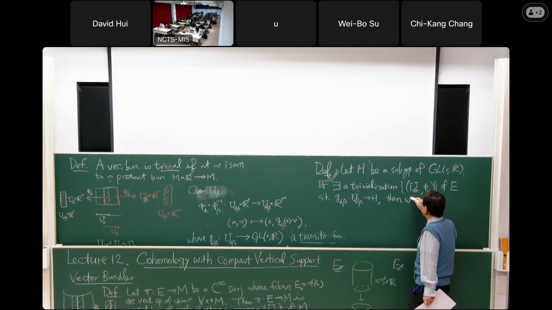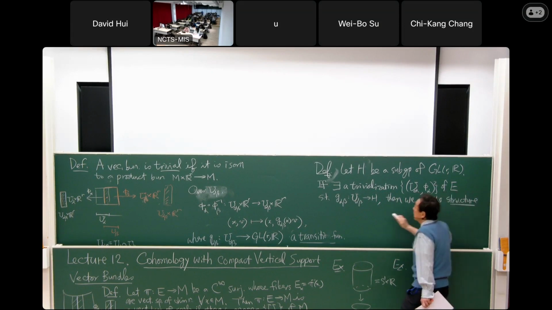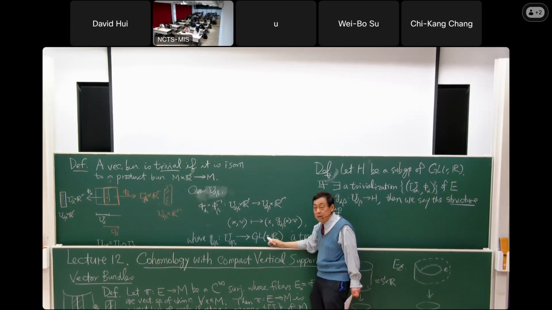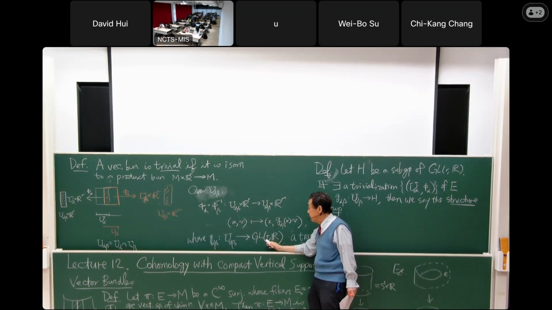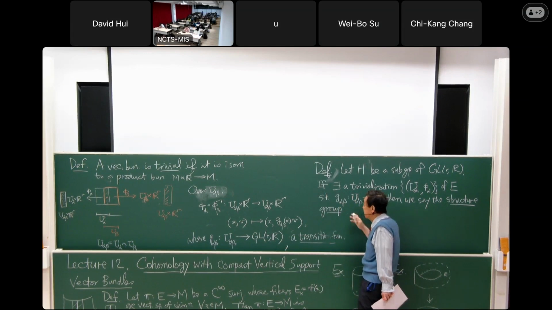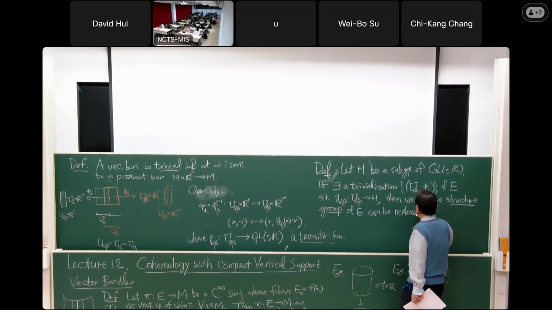Then we say the structure group is, well, normally GL(R, R) is the structure group for any vector bundle of rank R. But if you can use a subgroup instead, then we say that the structure group of E can be reduced to H, okay?